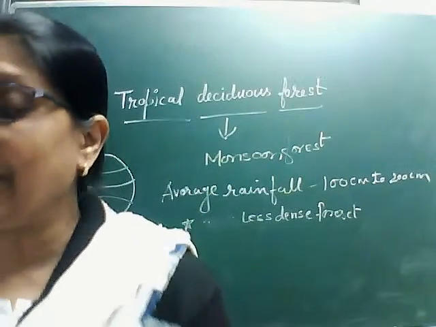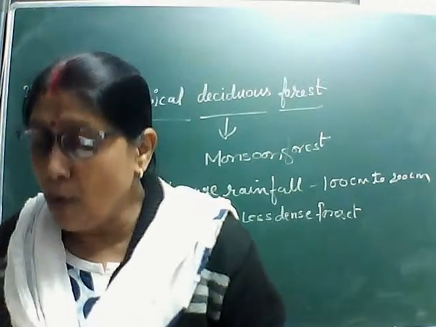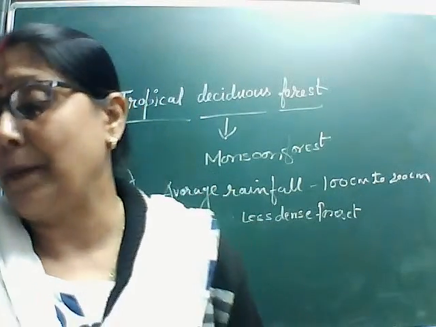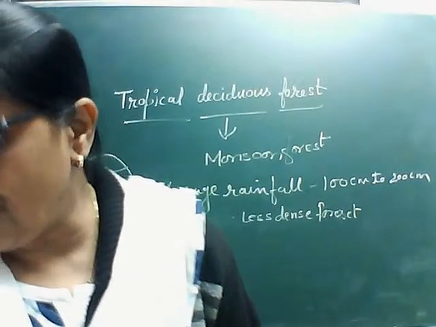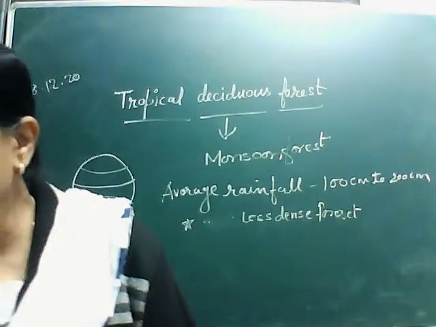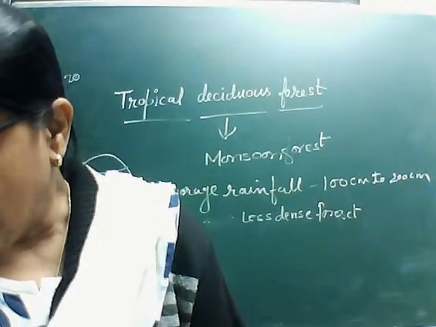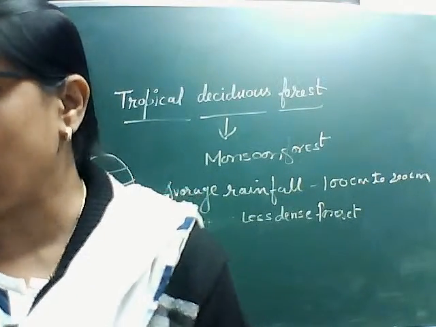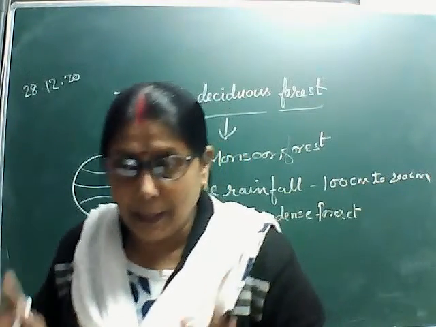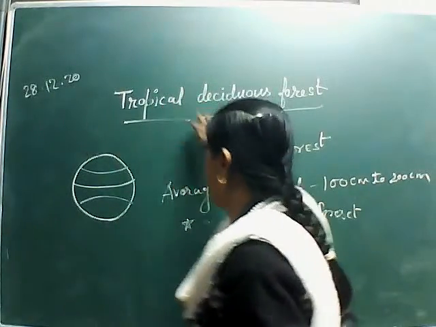Now where can we see this type of tree? They are found in Madhya Pradesh, Uttar Pradesh, Bihar, Jharkhand, Chhattisgarh, Odisha and parts of Maharashtra. So that means the maximum part is covered by tropical deciduous forest.